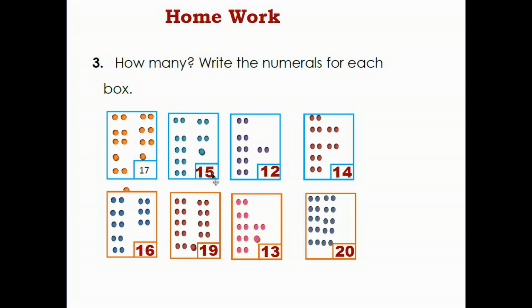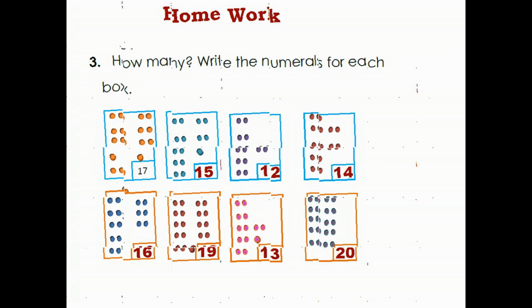The first one is 15 dots. Second one, 12. The third one is 14. And here, 16. Here, 19. Again here, 30. And lastly, 20.